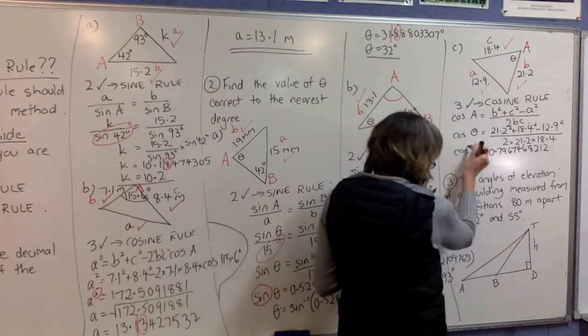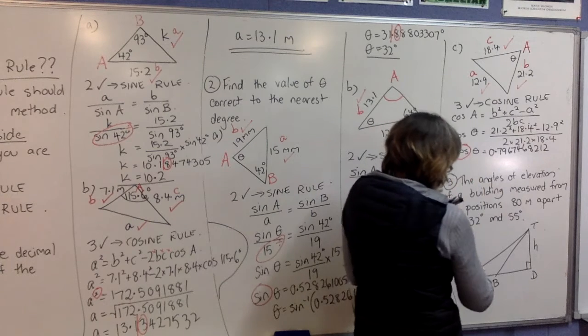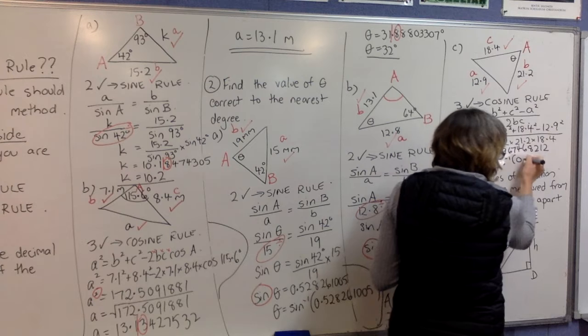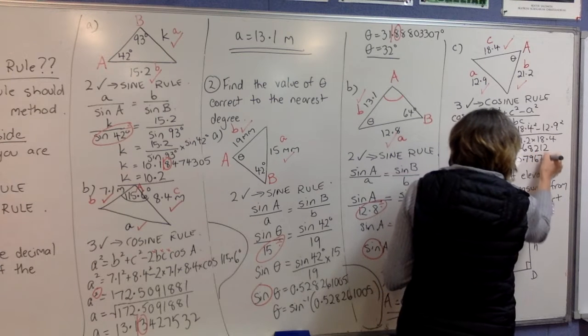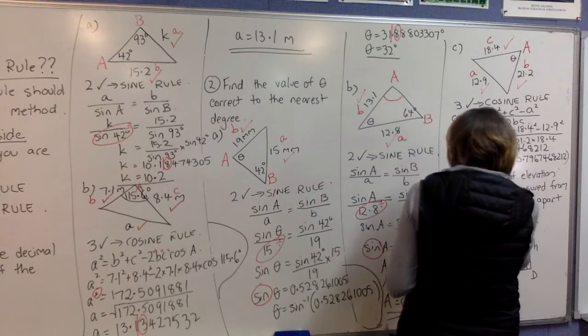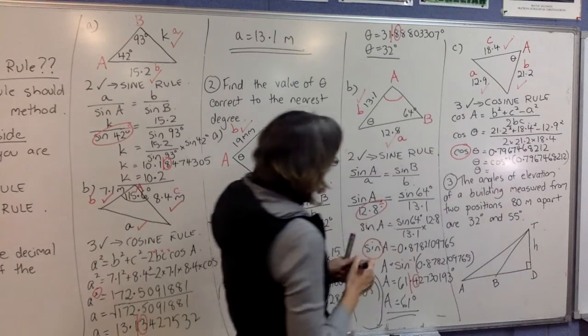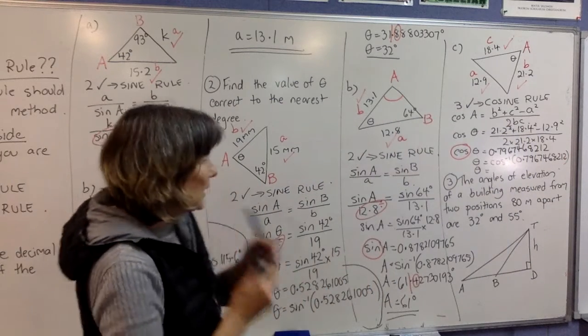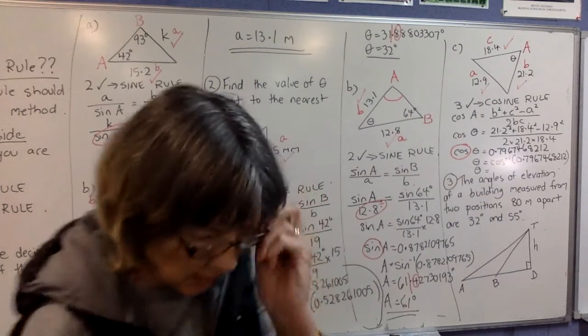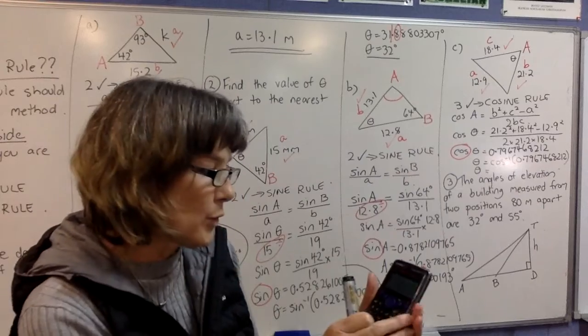So we're getting rid of our cos now. We're doing shift cos on the other side. Okay, this one's again to the nearest degree. So we can just do this on the calculator today because I'm running out of room there.